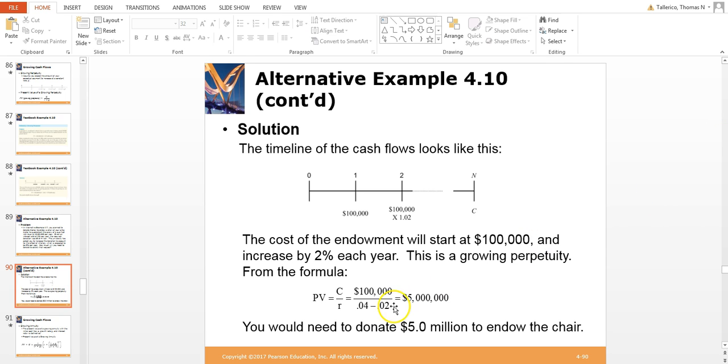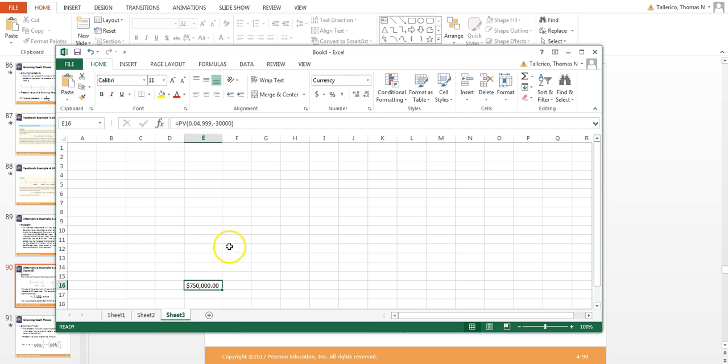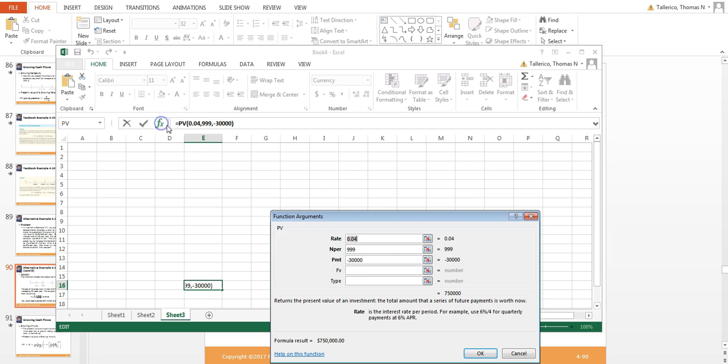Again, you could just use Excel and put 100,000 for the payment and 0.02, and I'll try that. Let's see if I can do that here. I'll make this 0.02, and I'll make this minus 100,000.